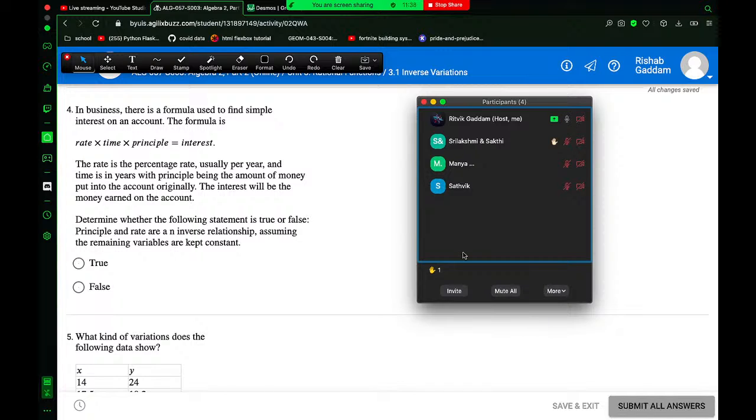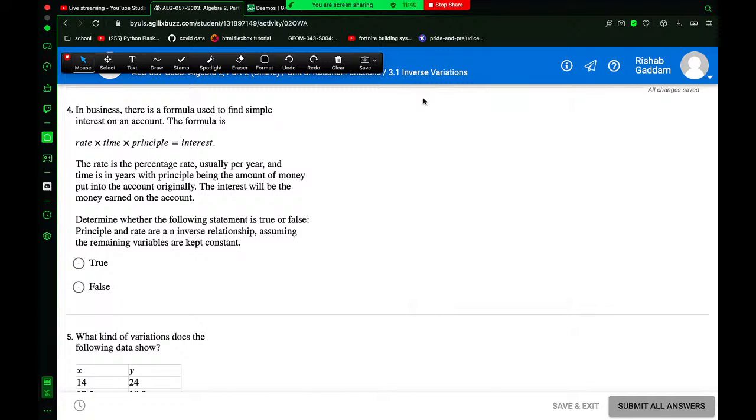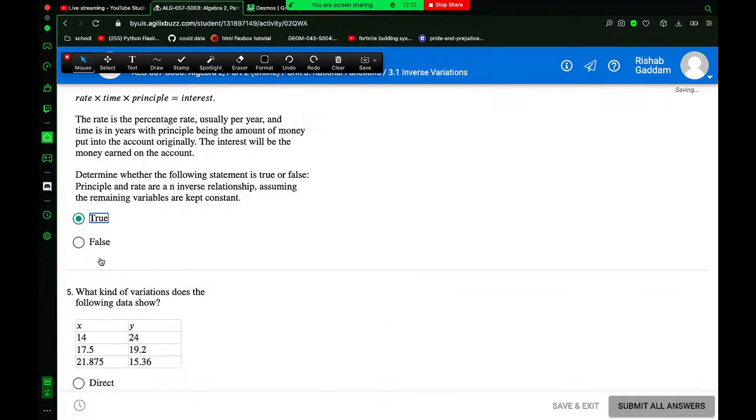Well, it says that the variables are kept constant, and I'm pretty sure they're not. They're not an inverse relationship, or are they? Do the P, R, T have to be in order or something? No, they don't have to be in order. Okay, then yeah, it's true. Okay. Yeah. Actually, yeah, you're right.